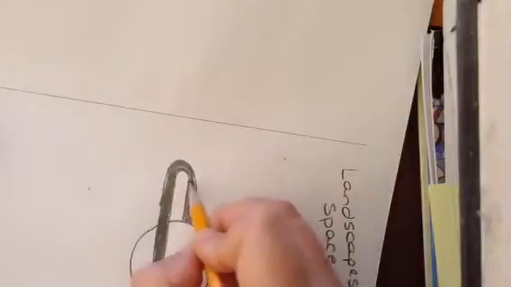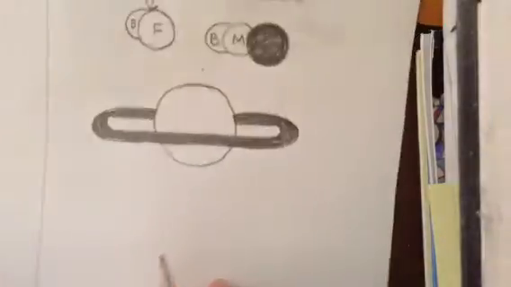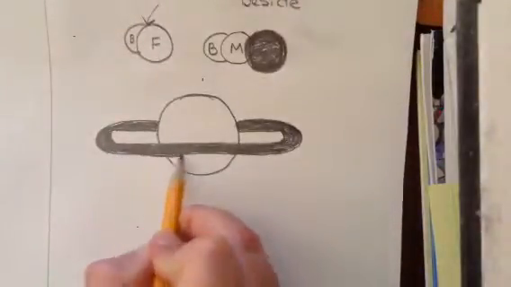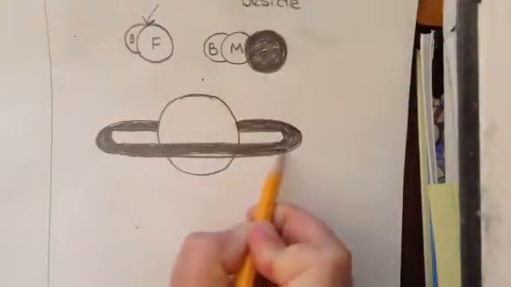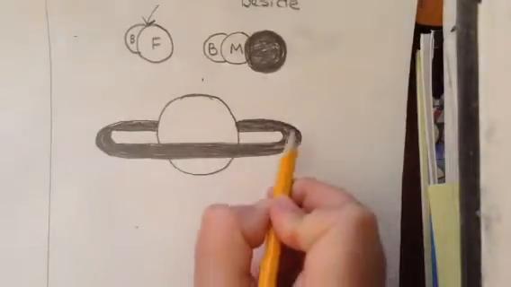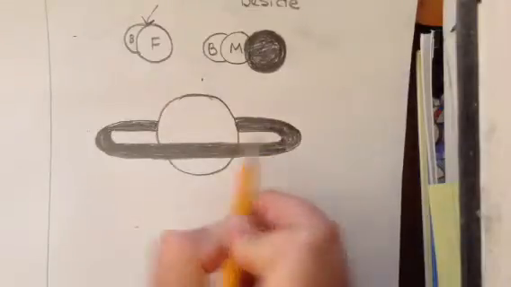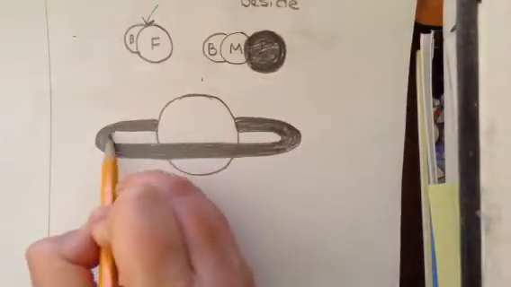Shading in everything, getting rid of that white paper. We don't want to see that paper. I'm going to make it a little thicker down here. I think that's the easiest way for you guys to learn how to overlap that ring around your planet Saturn.